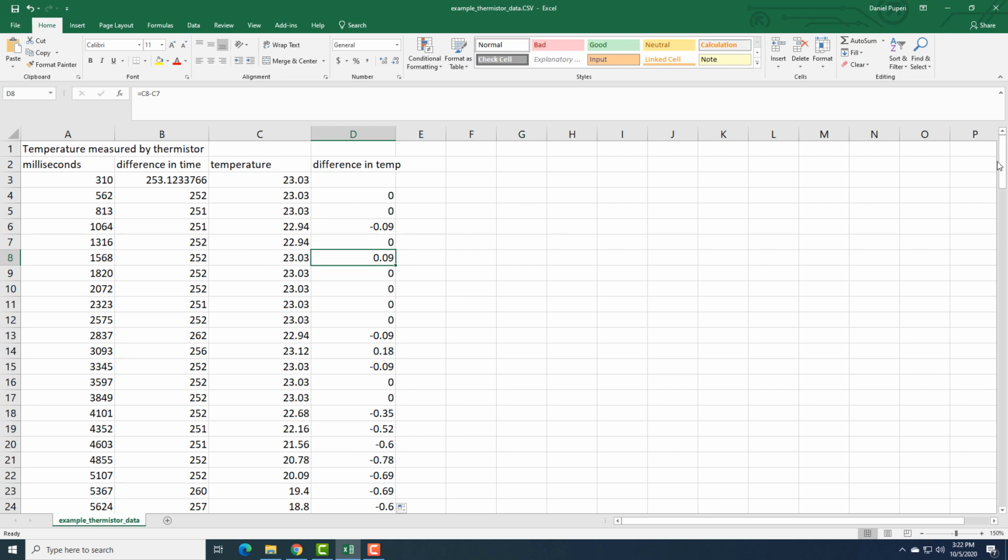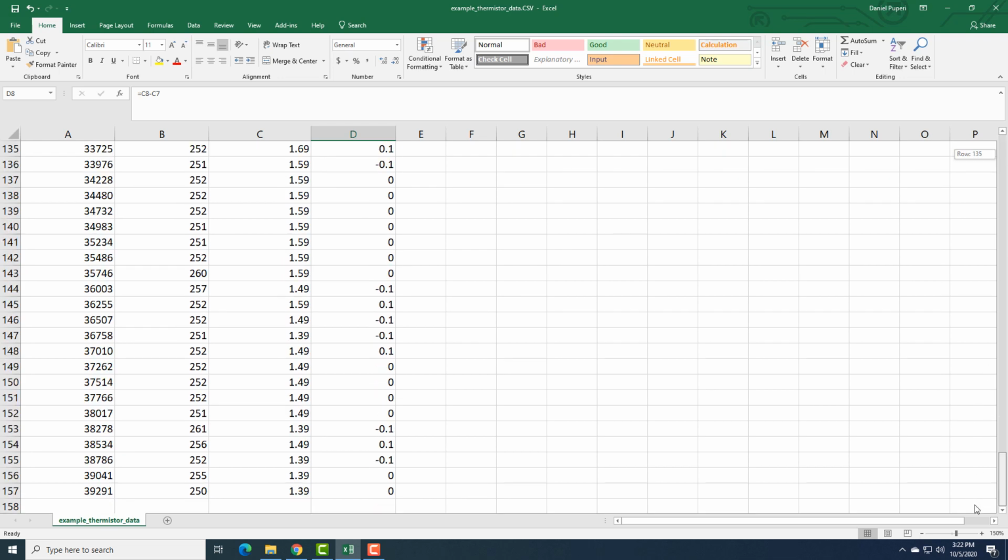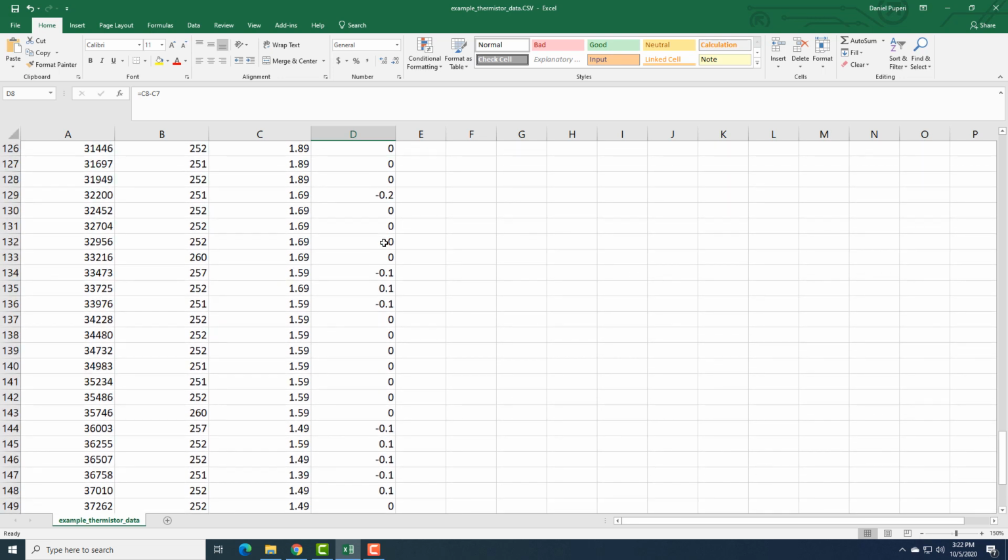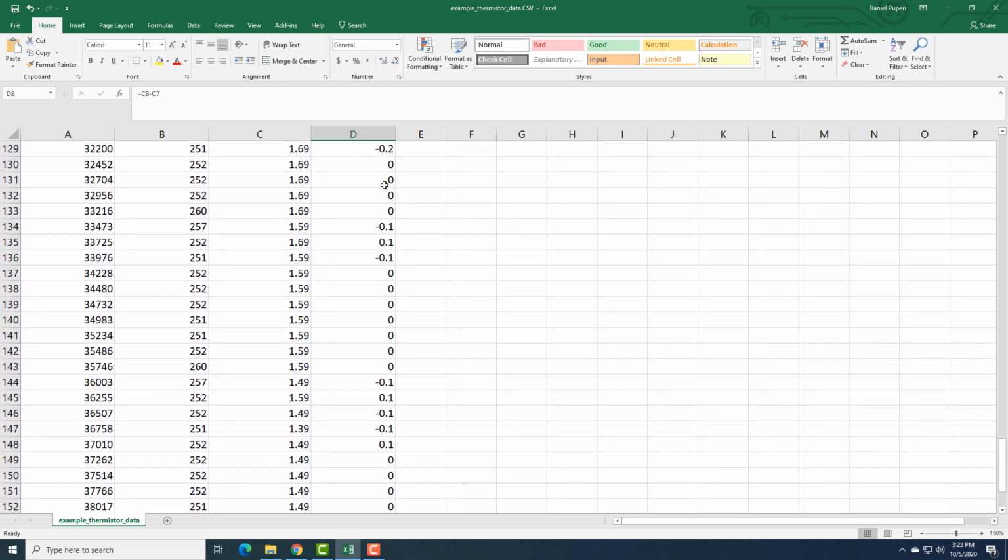We can even go down to the bottom of our data, and it's changing by 0.1, 0.2, which is close to 0.09. So our resolution is somewhere in the 0.09 to 0.1 area. We're not seeing something like 0.15, in other words. That would be impossible if your resolution is 0.09 to 0.1. So we can also see the resolution.